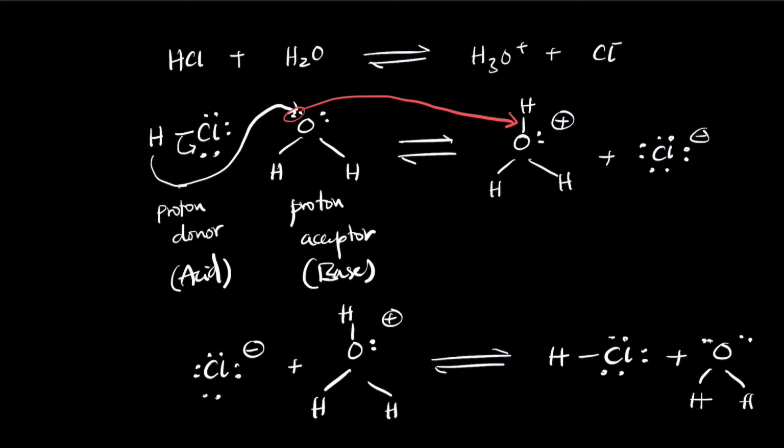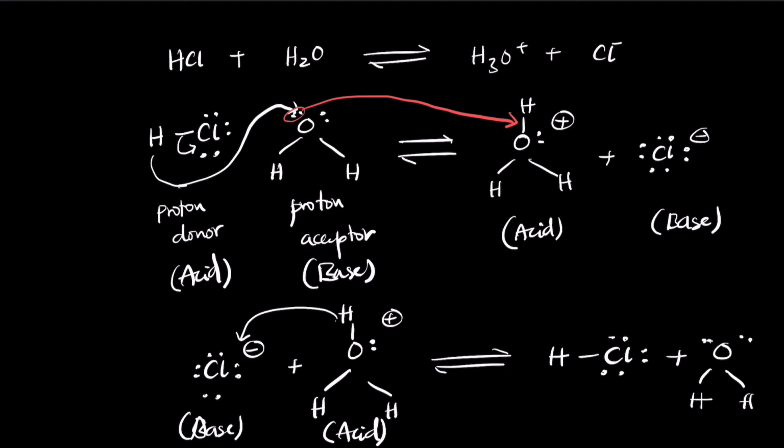So in the reverse reaction, notice that the hydronium ion is the one that donates the proton to chlorine, and the one that accepts here is the chlorine. So here this becomes the acid, this becomes the base, and this becomes the acid. So which means that this here is acting as the acid and this here is acting as the base.